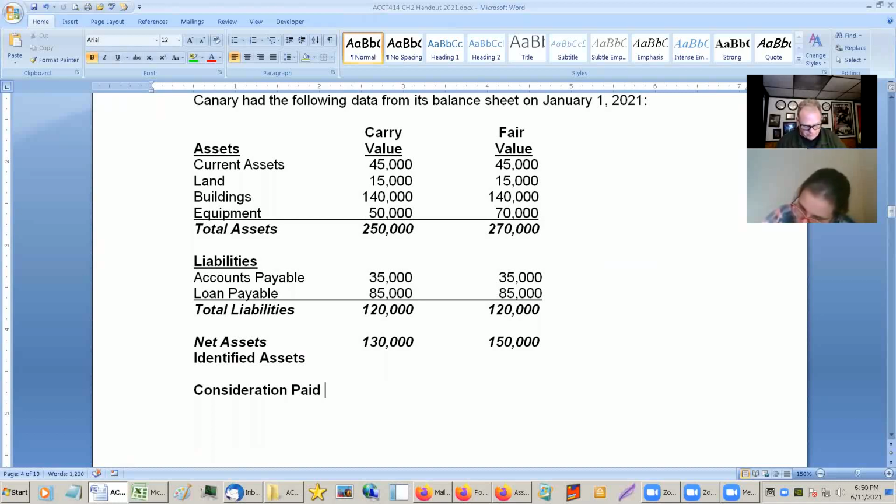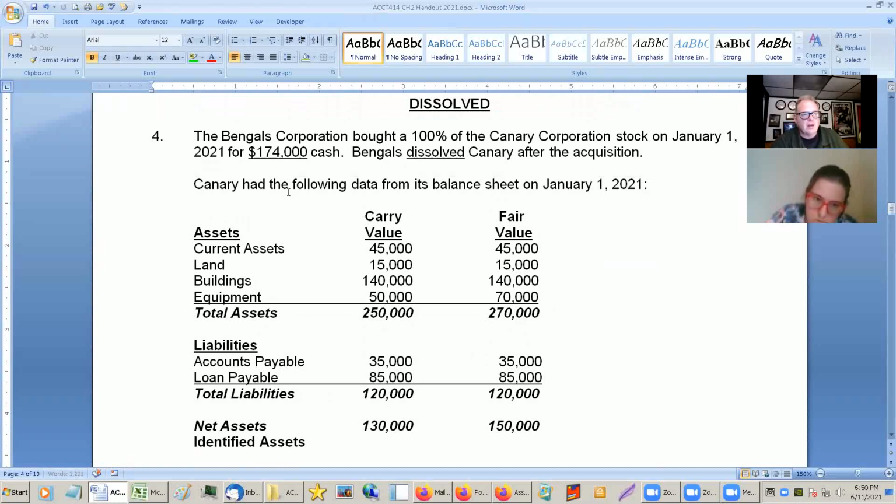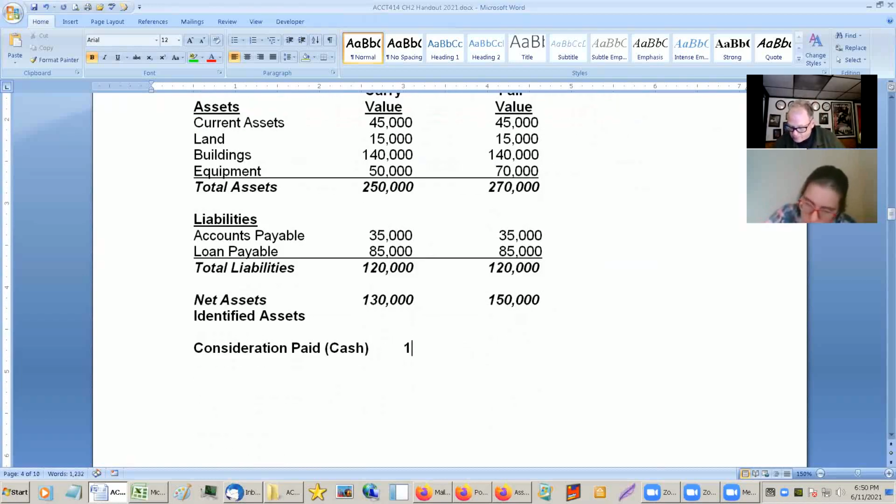So cash, 174,000. Identified assets was 270.